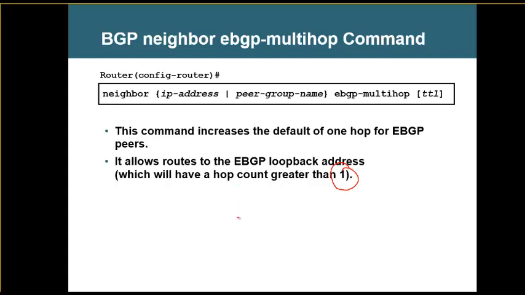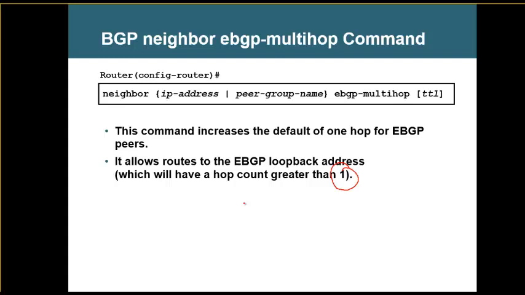TTL, time to live, in layer 3, that helps in a lot of ways in BGP, in OSPF, in every place. Time to live is a default loop prevention mechanism in the layer 3 header.